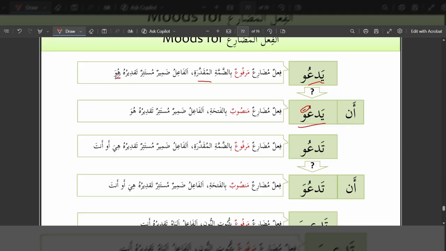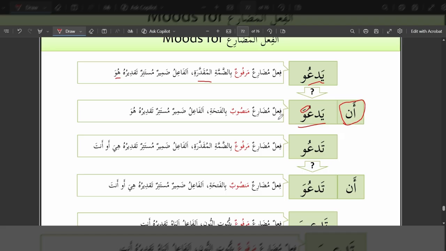Then when we put the word an in front of it, an means that. So when we put an in front of it, it requires the next word to be in a mansoob form, to have a fatha. So we need to change this. When we put an in front of it, it becomes an yad'uwa.